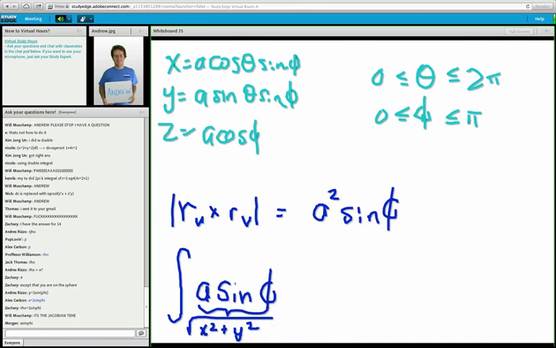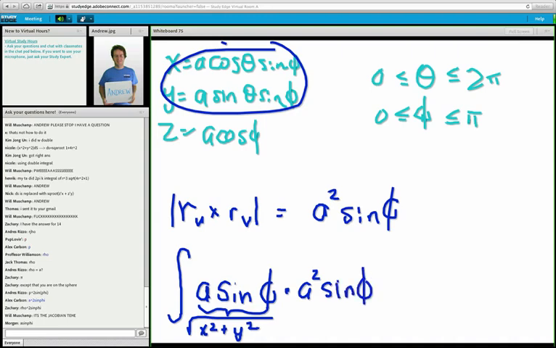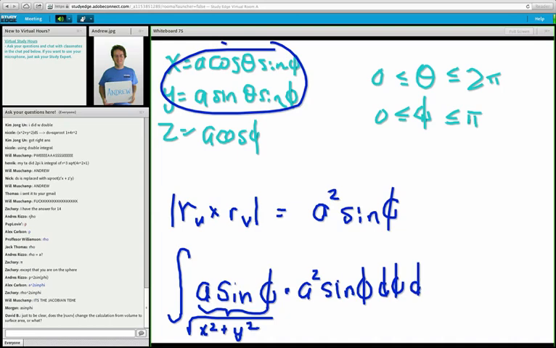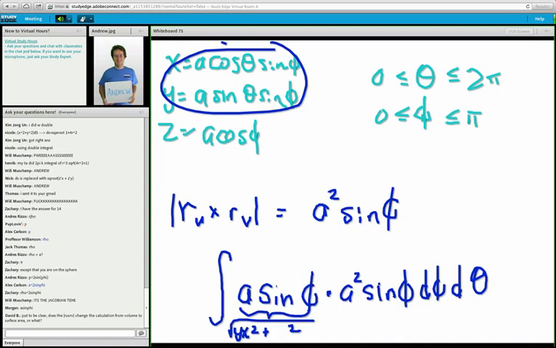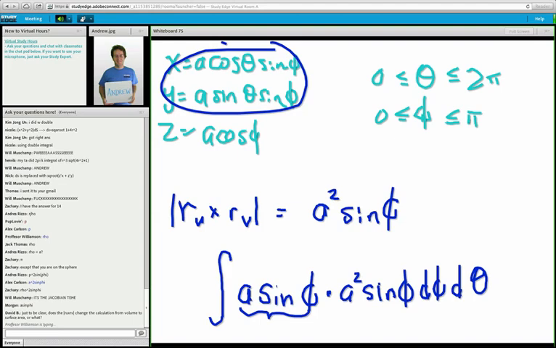It's actually pretty tame compared to what some other things we've seen before. A squared sine phi, d phi d theta. Oh, I need to make this a double integral. Hold on. This is a double integral, 0 to pi, 0 to 2 pi. And this integral, I trust you know how to compute.